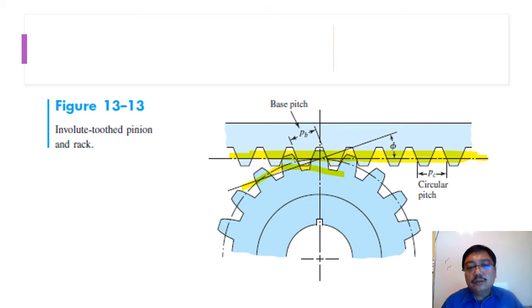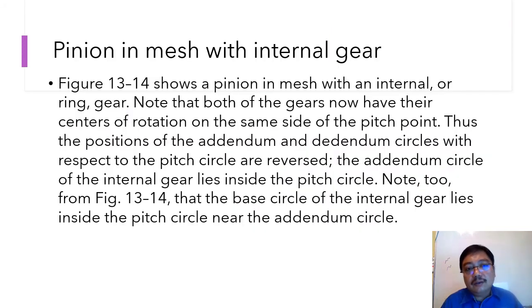Remember this gear is an outside gear. Now what happens if the gear is an inside gear? The pinion is matched with an internal gear. There are both kinds of gear: the gear that is outside, and the internal gear inside.